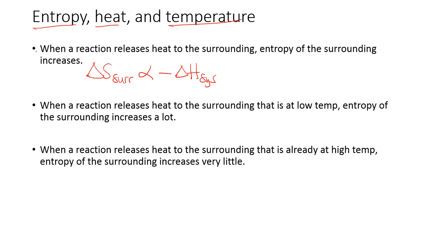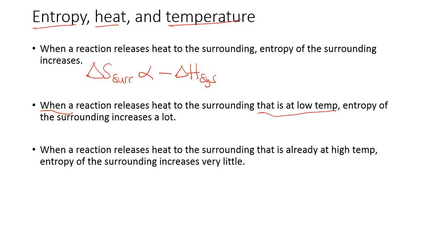The other situation is when a reaction releases heat to the surrounding, but the surrounding is at low temperature. So if your surrounding is at low temperature, the entropy of the surrounding is going to increase a lot.